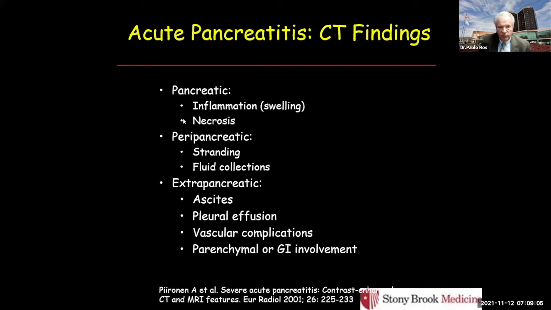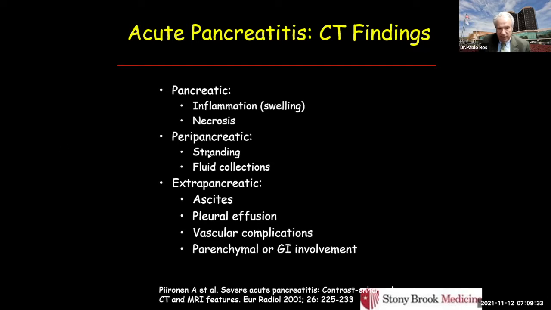Basically, you have to look at the pancreas, but I always tell our residents, look also outside the pancreas and the peripancreatic area, but also far from the pancreas in the rest of the abdomen and chest. So the classic findings are swelling of the pancreas, necrosis of the pancreas. Obviously, the necrosis is essential because that means that you are dealing with necrotizing pancreatitis.